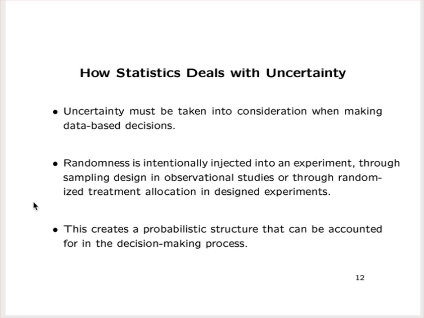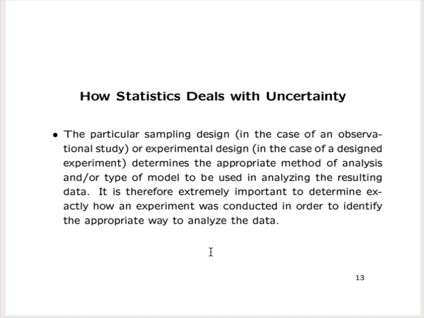By intentionally injecting randomness into an experiment through either the sampling design or the design of the experiment, this creates a probabilistic structure that we can then account for in the decision-making process. And that is the way that we account for or incorporate the uncertainty that exists into the statistical analysis.